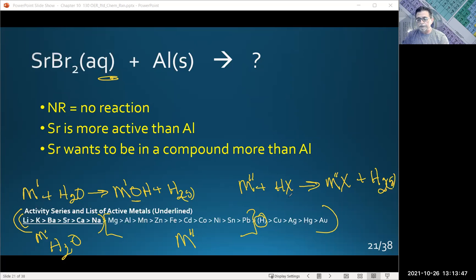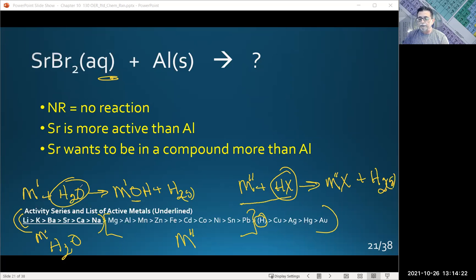And if we ask the question, let's start with the hydrogen here. If metal double prime is more reactive than hydrogen, okay, so we look for the metal double prime or any metal that's more reactive, you can see that any metal below lead is more reactive than hydrogen, okay? But depending on their position, it will require either an acid like HX or water if it's one of those reactive ones, okay?